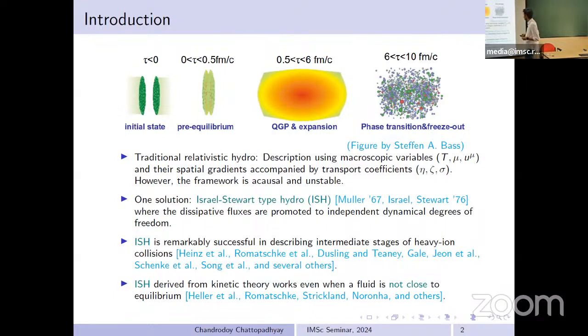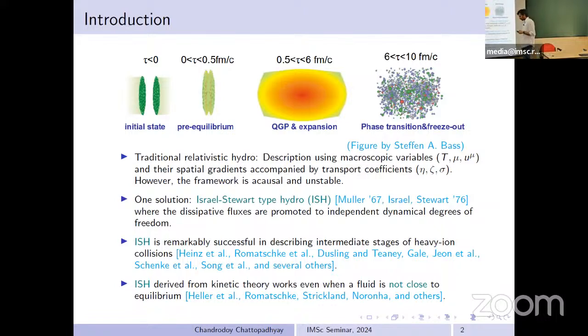So the theory used to describe the quark-gluon plasma is Israel-Stewart type hydrodynamic theories, where along with the variables of usual hydro, the non-equilibrium corrections are promoted to independent dynamical degrees of freedom. This theory goes beyond the traditional notion of hydro, and it has been very successful in describing the intermediate stages, or the quark-gluon plasma phase, of heavy ion collisions.